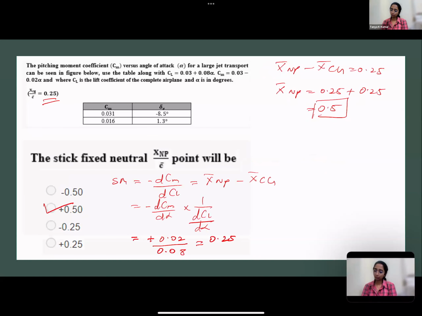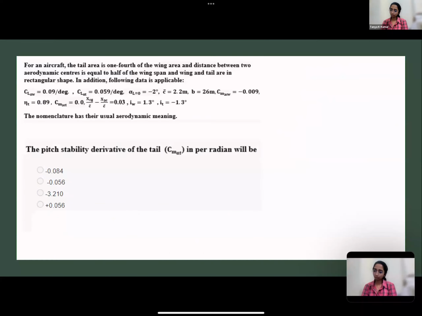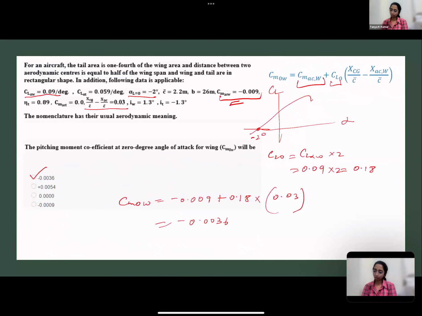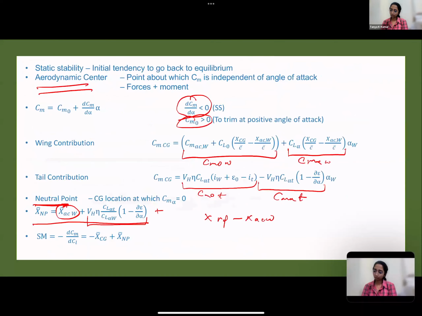What was our definition of neutral point? Neutral point is the CG location at which CM alpha is 0. Look at the equation for neutral point, and tell me if it varies with CL.